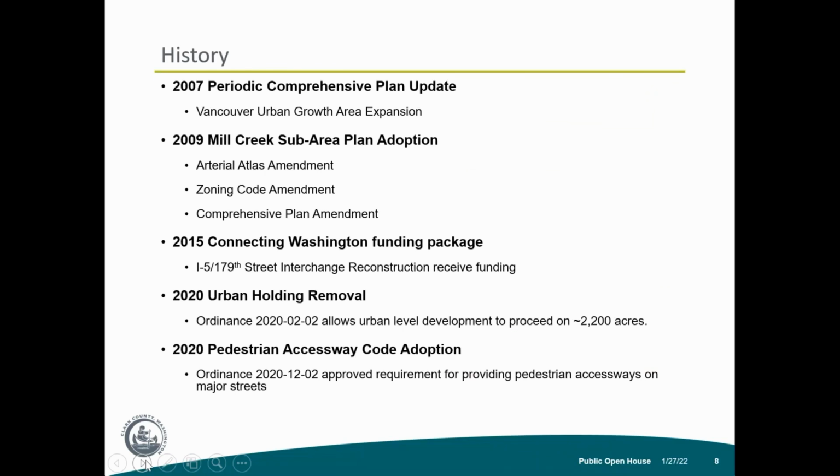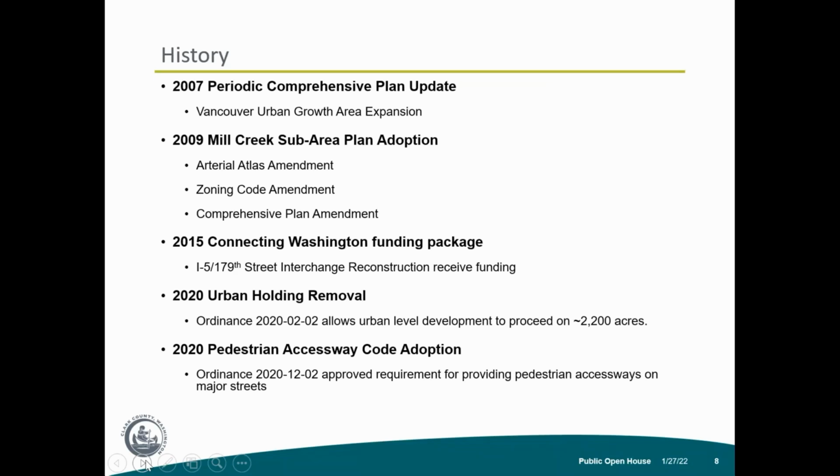So the neighborhood was added to the Vancouver urban growth area in 2007 during the comprehensive plan update. At that time, urban holding overlays were placed on the land that restricted urban level development and subdivisions. This is called urban holding. In 2009, the Mill Creek sub-area plan was adopted, approximately south of 179th and west of 50th Avenue.